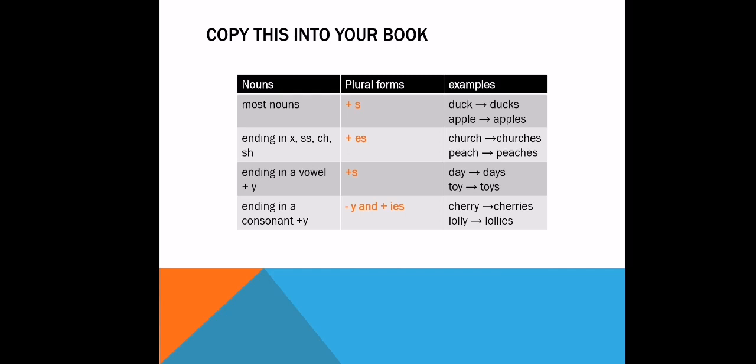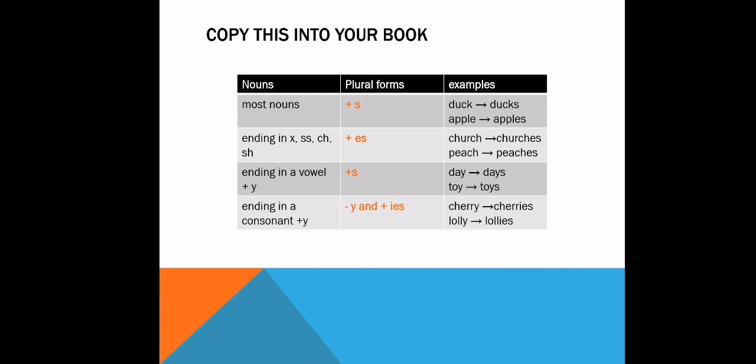Same goes for the example here, toy. Before the letter y, you will see the letter o, which is one of a, e, i, o, u. So after the letter y, you only have to put s. You don't remove the y, you don't put ies.